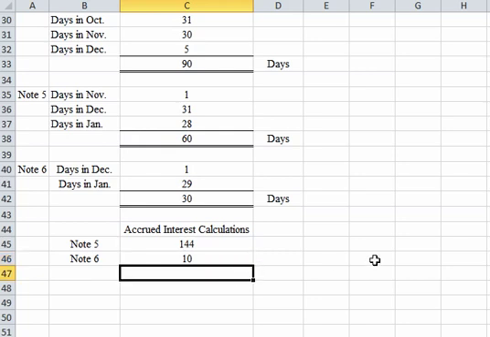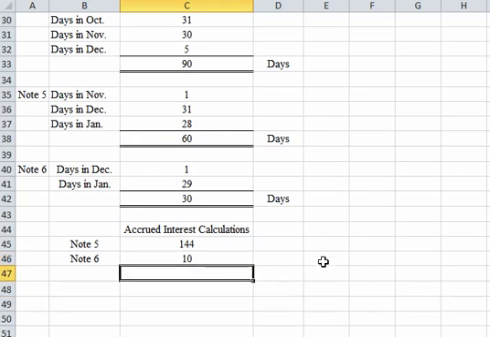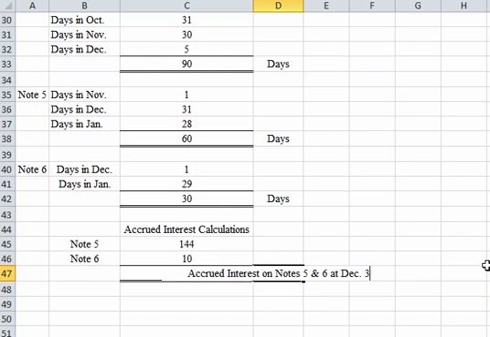Okay, so let's add those two together. That gives us $154 accrued interest on notes 5 and 6 at December 31.